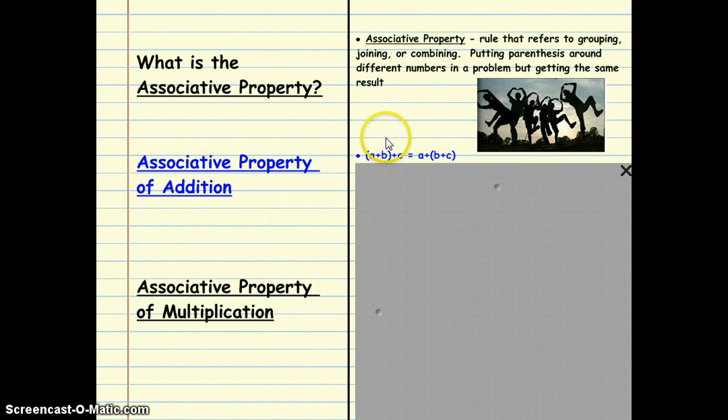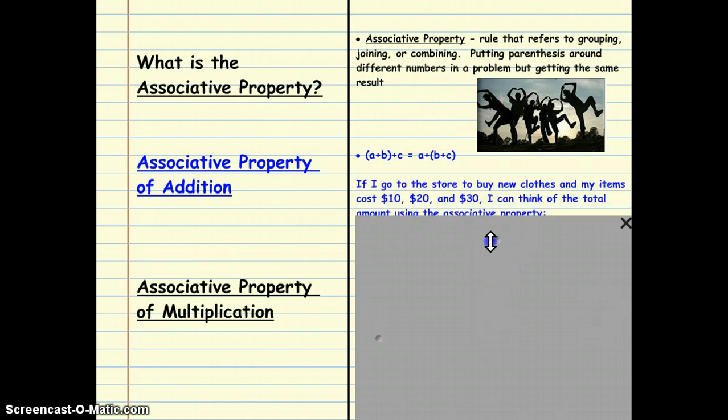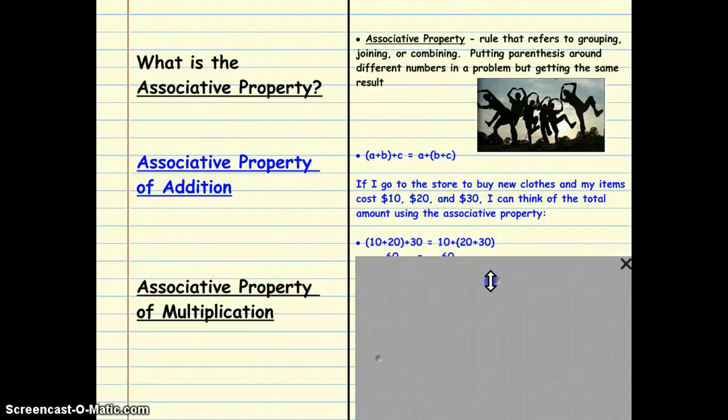You're going to have parentheses around A and B, and then you're going to add C, or you're going to have the parentheses around B and C, and then add A. So if we put some numbers to it, if I go to the store and I'm going to buy new clothes, my clothes cost $10, $20, and $30, I can mentally do the math in my head using the associative property, where I can either add 10 plus 20 first and then add 30, or I can add 20 plus 30 first and then add 10. Either way, we get the same thing.